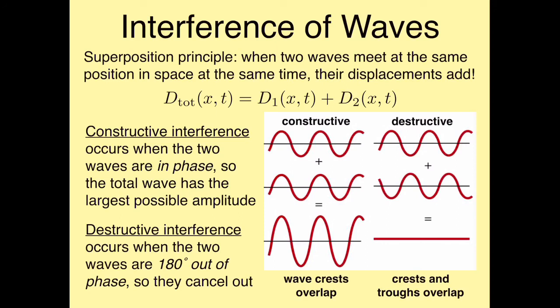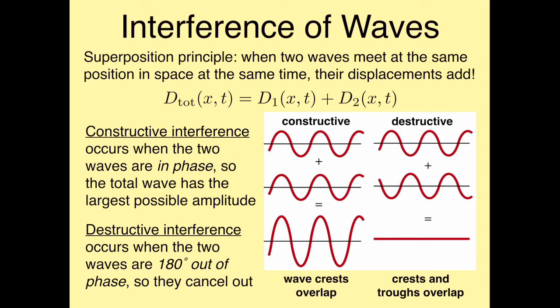So if we have two waves, let's call them d1 of x and t for the displacement of the first wave, and d2 of x and t for the displacement of the second wave, I simply add those two functions together to get the total displacement of both waves when they're together. So this leads us to the idea of constructive and destructive interference.